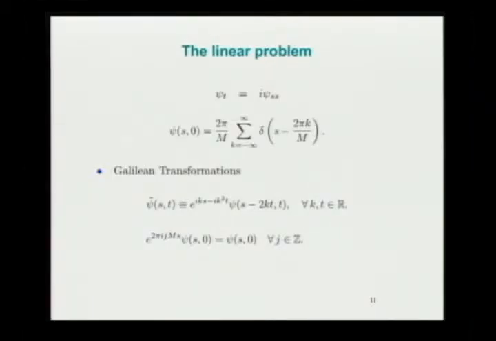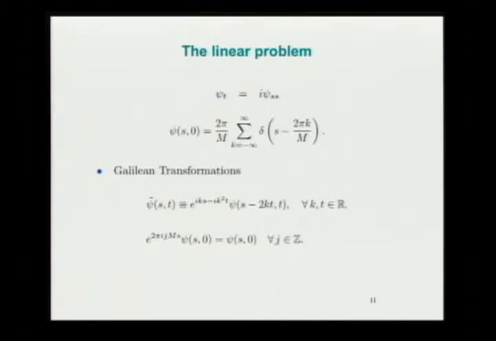Because if I make this choice, when I look at this initial condition, this is the same as this one, because I am computing the delta function there, and the delta function multiplied by e to the 2 pi ix is the delta function. So the initial condition is invariant under all these transformations. I mean, not all of them, just the integer ones.